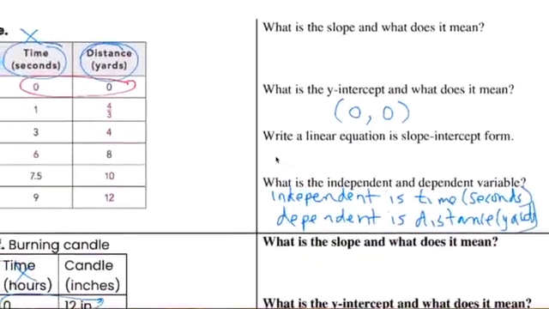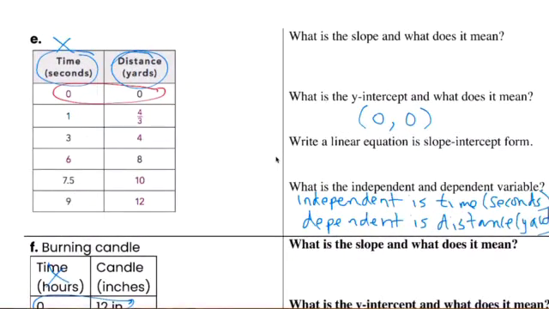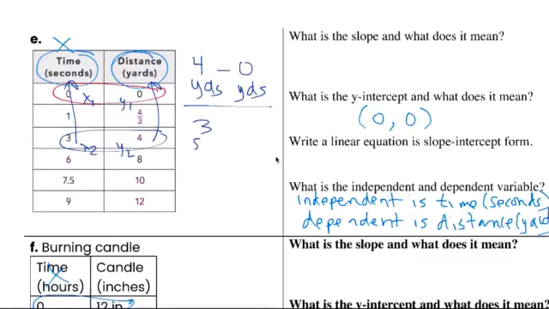Okay, the slope. We're going to choose those two, x sub 1, y sub 1, x sub 2, y sub 2. Slope, remember, is the y's, 4 yards minus 0 yards, over the time in seconds, 3 minus 0 seconds. 4 yards every 3 seconds.